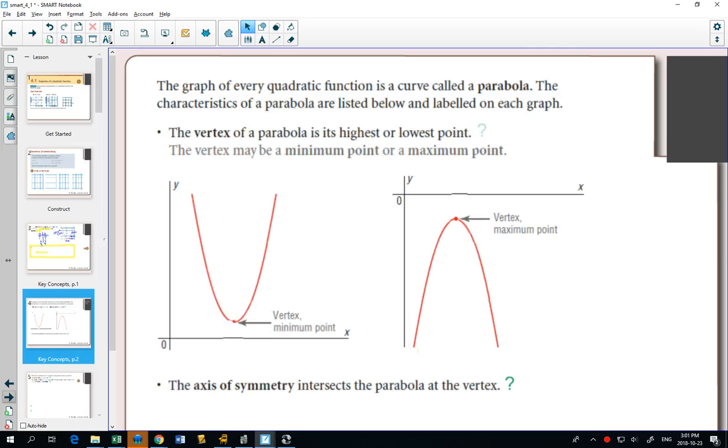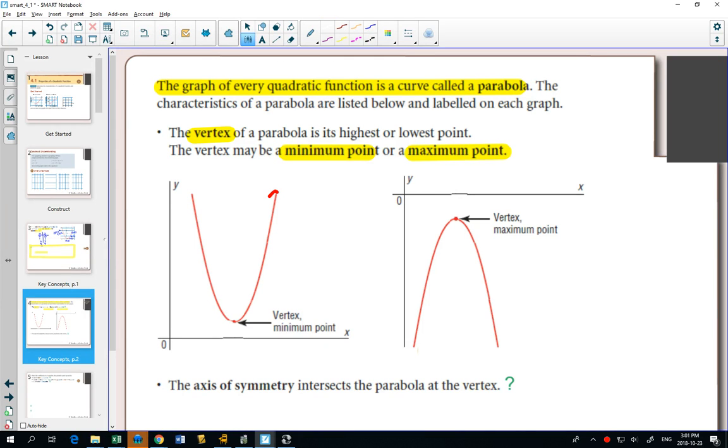Some characteristics and some important definitions. So I've already talked about it. We call this curve a parabola. Some important points on the parabola. The very bottom or the very top is called the vertex. Sometimes it's a minimum. Sometimes it's a maximum.